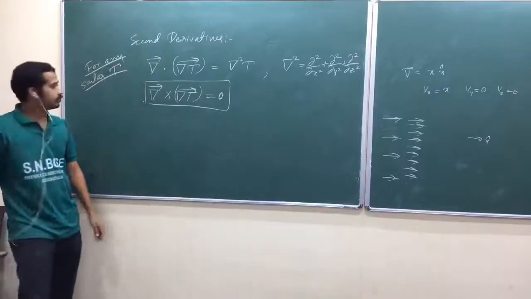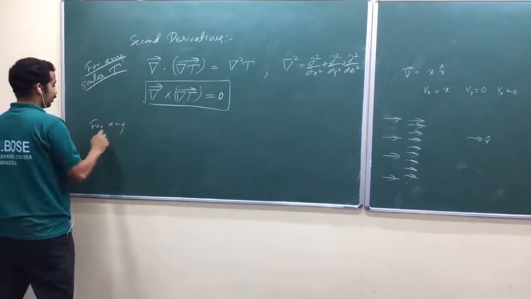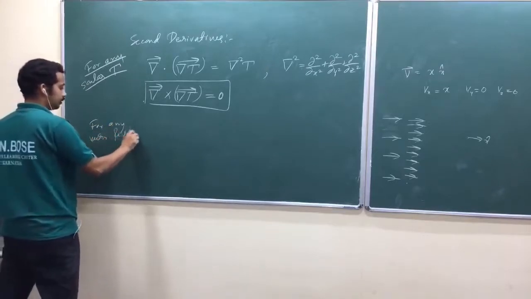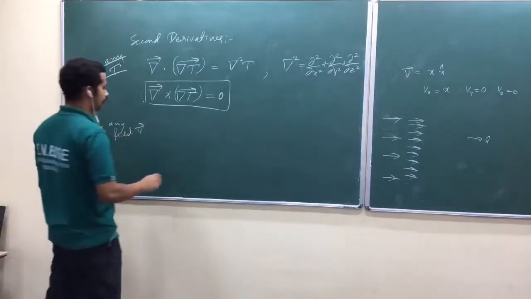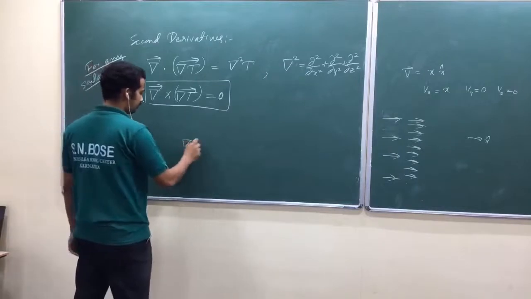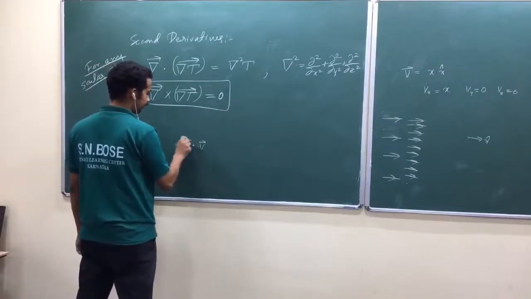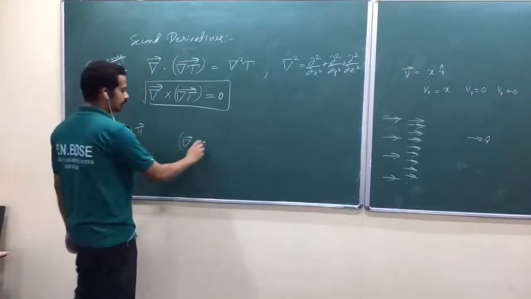Now next one is, let me take any vector field V. For any vector field V, two things can happen with the vector field. One is divergence, am I right? When you have a divergence, that's a scalar.